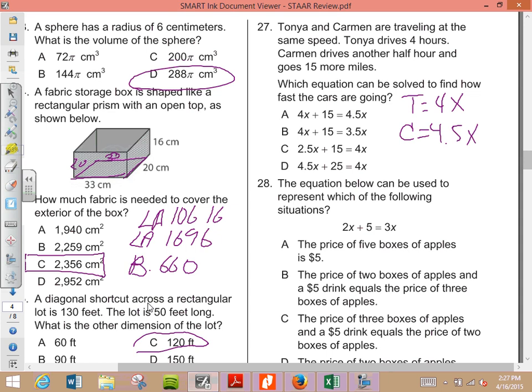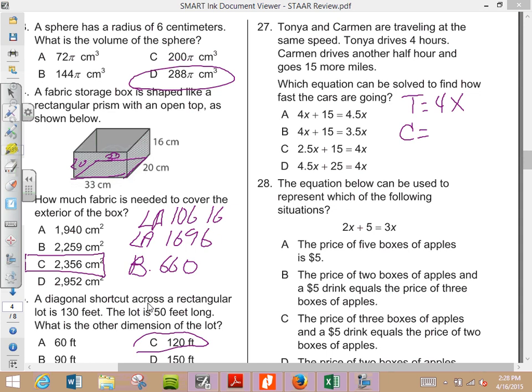Okay, so the idea is you want them equal, right? We know that whenever Carmen goes 4.5, that 0.5 equals 15 extra miles. So you cannot put 4.5 and then add more miles, because that's included in it. Let me rewrite it.